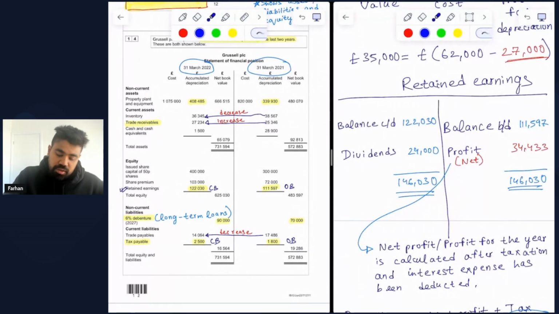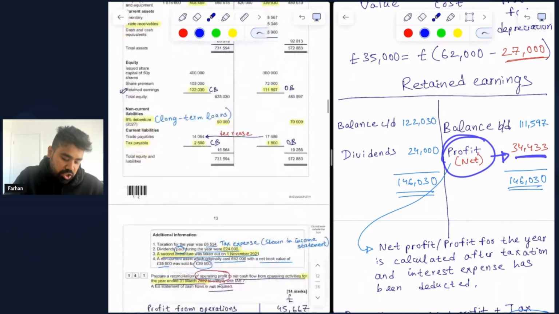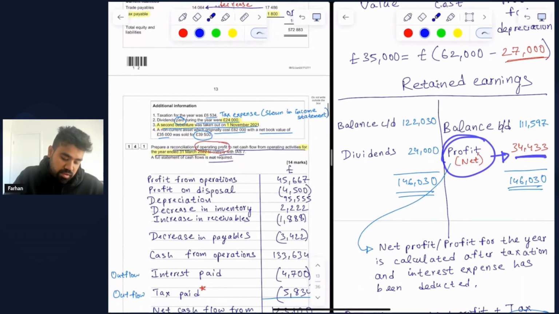Now, this retained earnings will go up in value, as we have said, when we have profits. The profit is the net profit here that we are referring to. So this is something that we haven't been given directly in the question. This is something that we will be calculating, but we do know the dividends based on the additional information that we were just discussing.